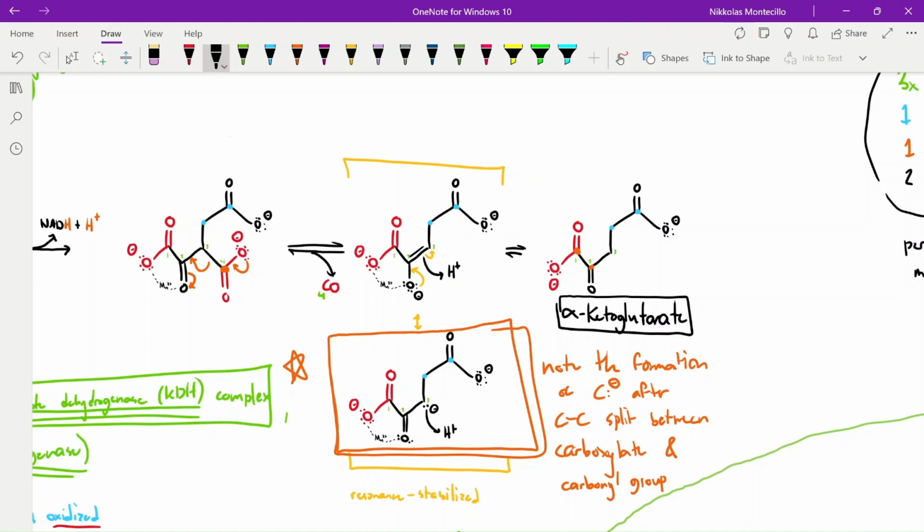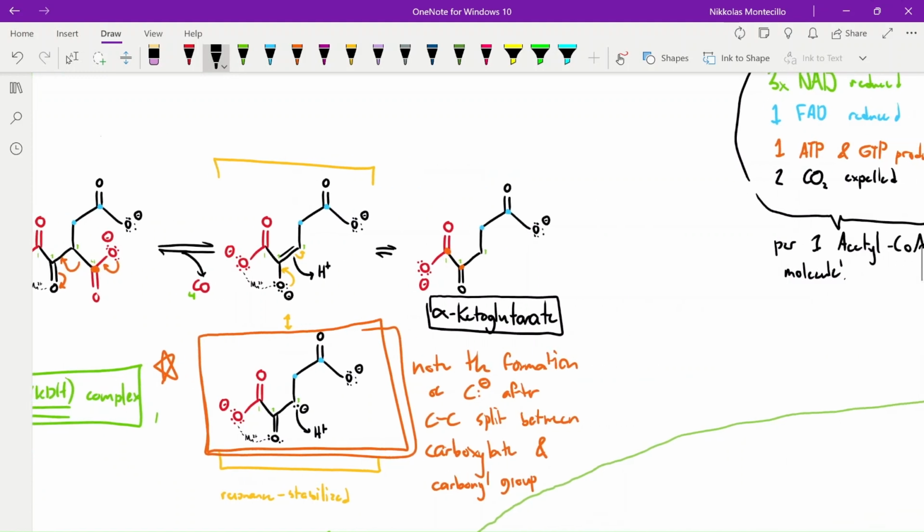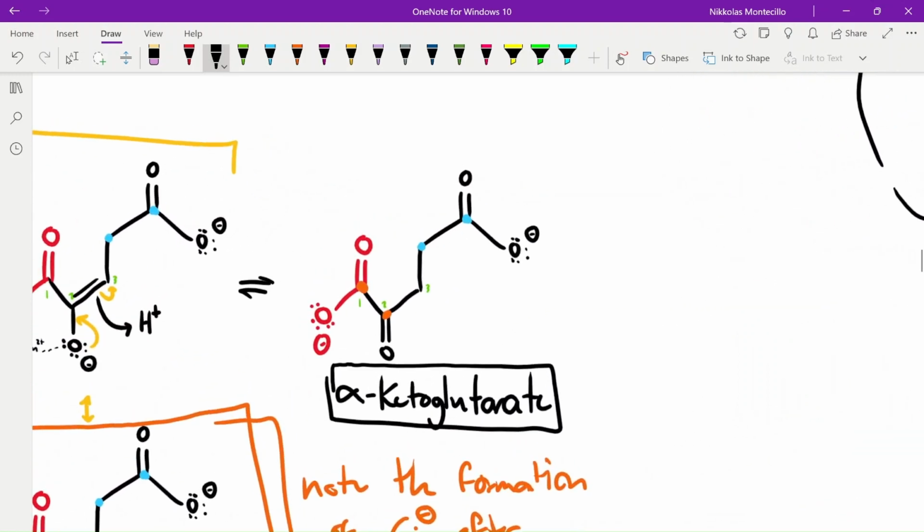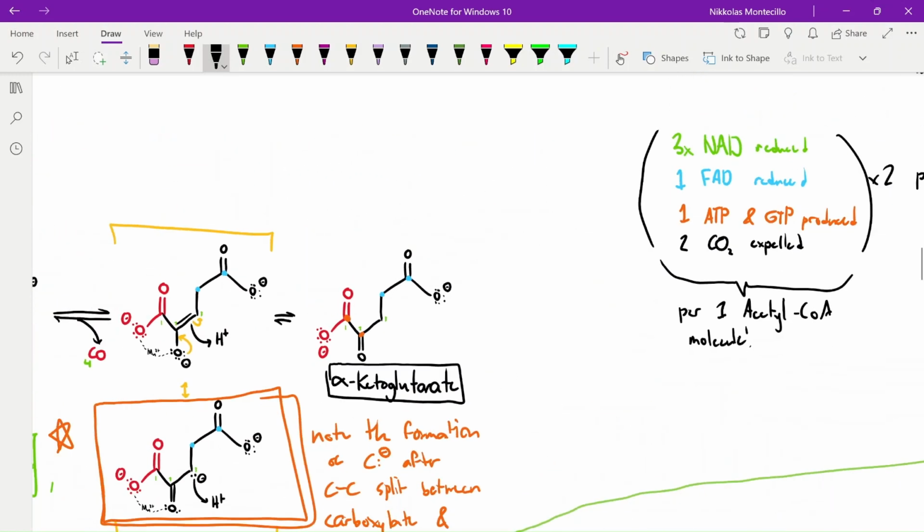So what we see here is that the molecule will accept the proton transfer from acid catalysis to form alpha ketoglutarate. Okay?